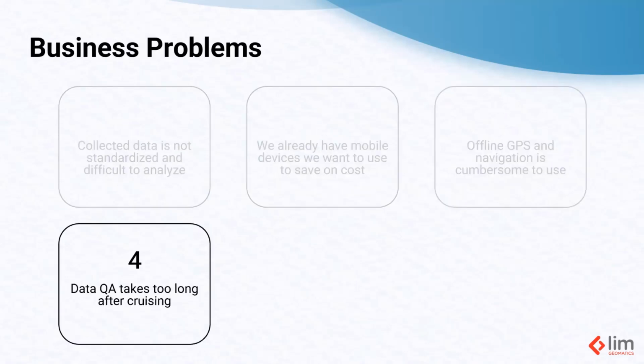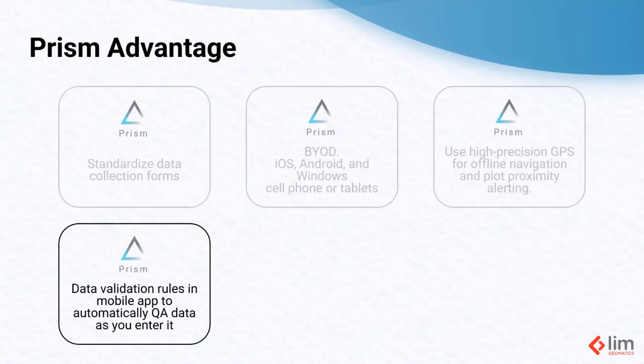This is one that makes me chuckle, in the sense that folks are collecting data, and then essentially it takes forever. At least this is what we hear, literally forever, to QA the data, and it's a real head scratcher in terms of the amount of extra unwanted work that's generated to QA the data and make sure that you have good data. So a really cool thing about Prism is that we can build data validation rules into the mobile application so that the data is automatically QA'd as it's being inputted.